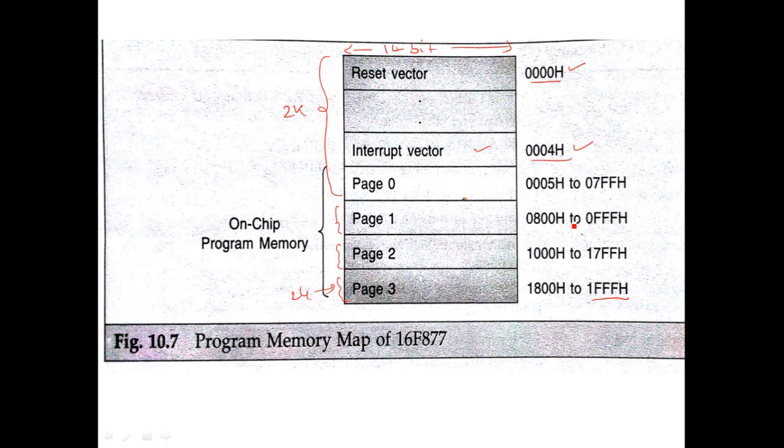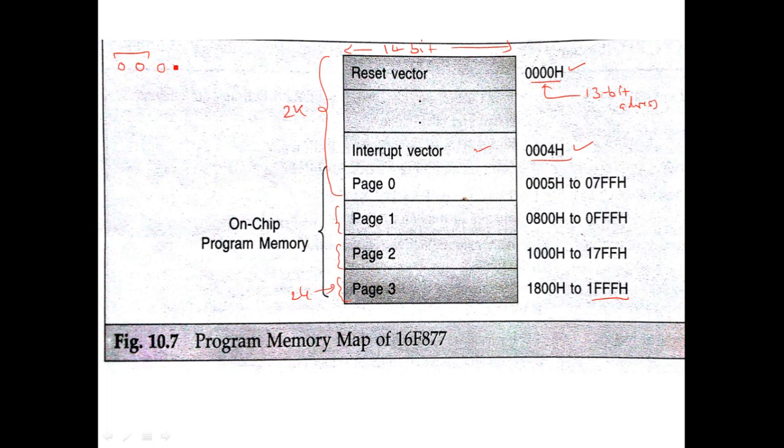So out of the address, for example, it's a 13-bit address. Out of this 13-bit address, you can imagine that the first 2 bits will represent the page number, and the remaining 11 bits will represent the actual address within that page, right?